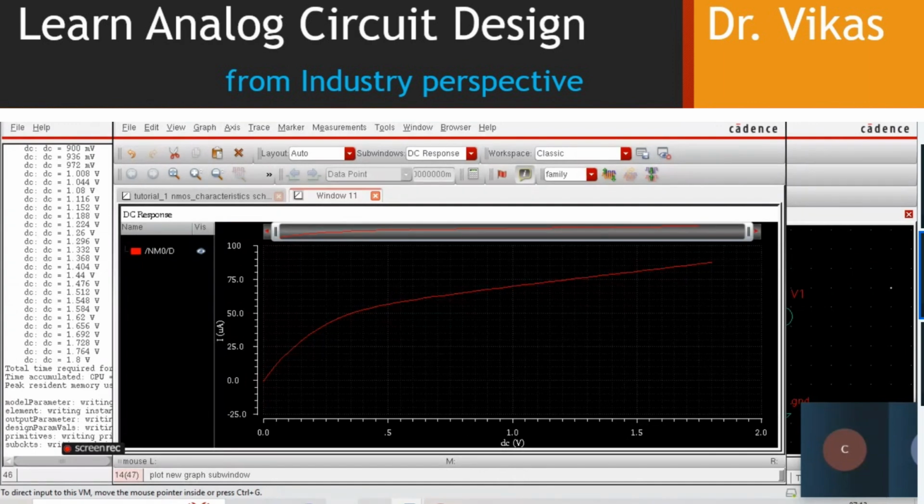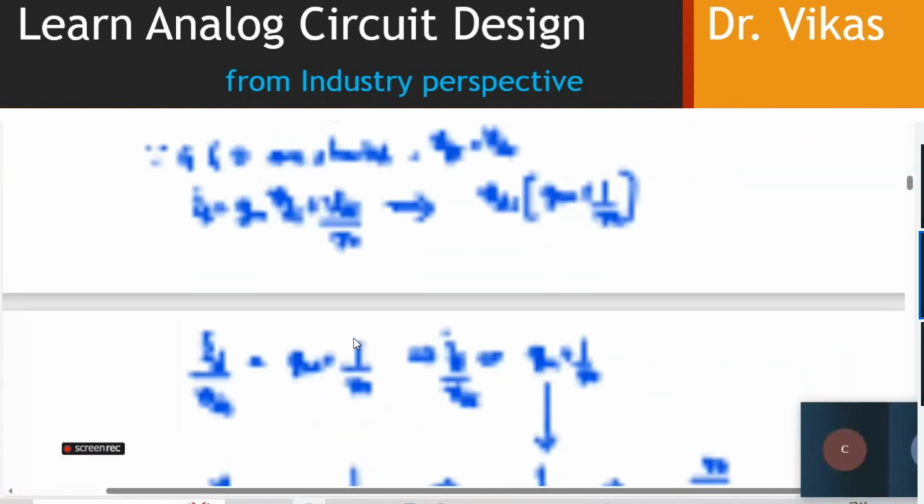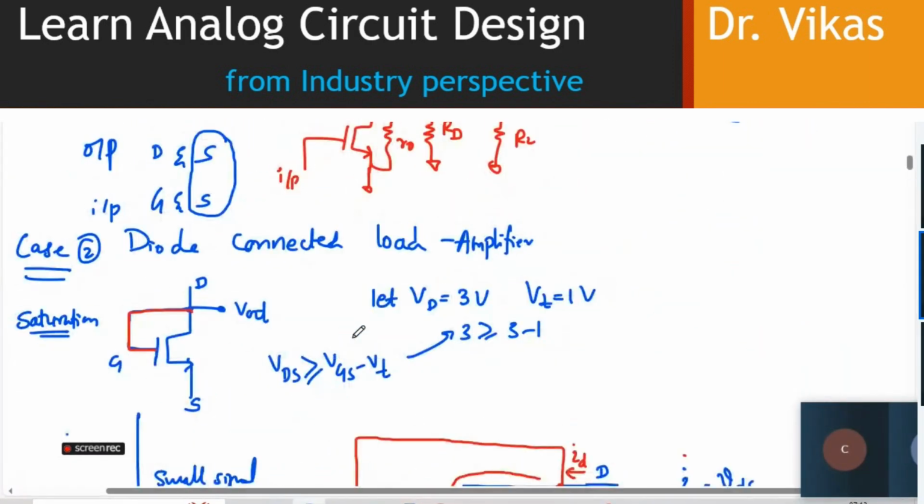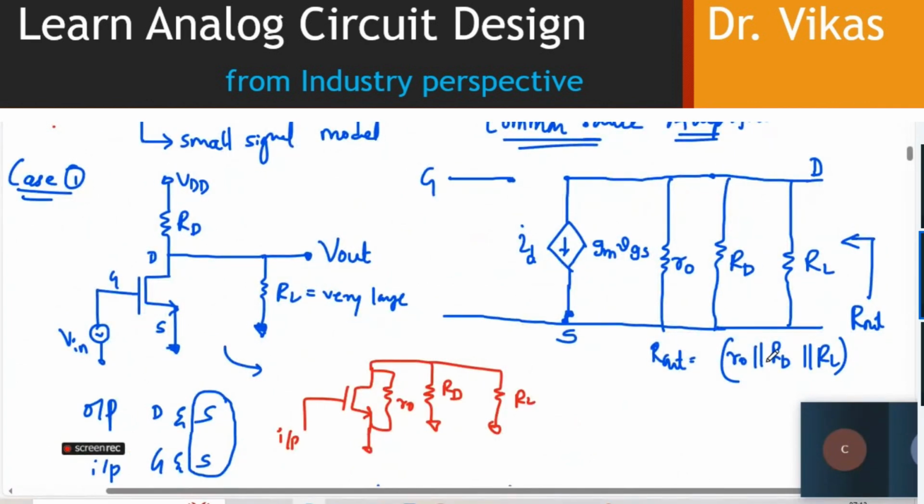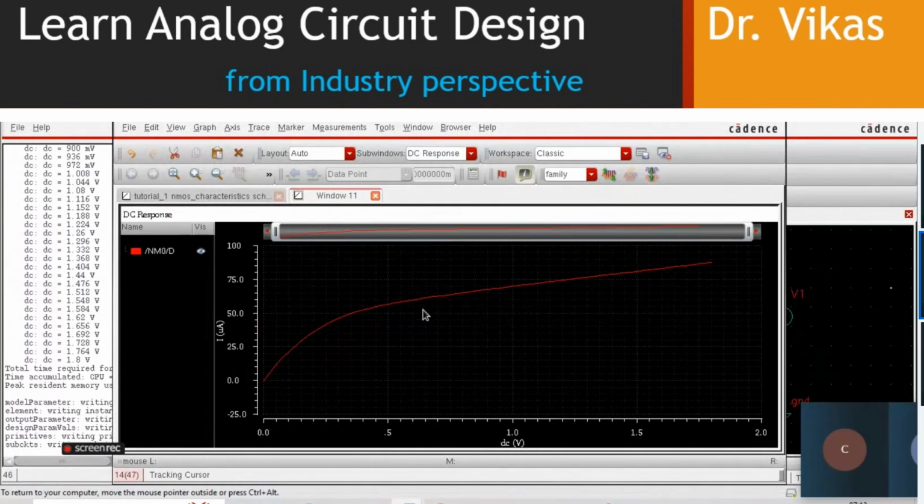In this scenario, if RD and RL are not there, r out is nothing but your small r naught, and we can replicate the same exercise we did to calculate small r naught. We have calculated this ID versus VDS.